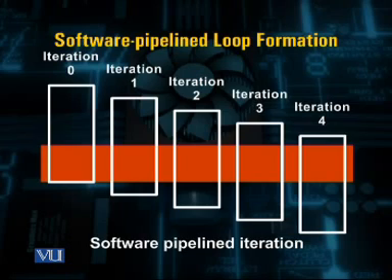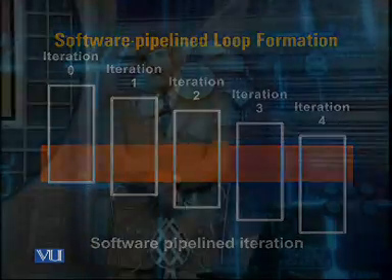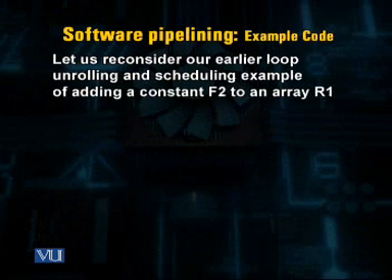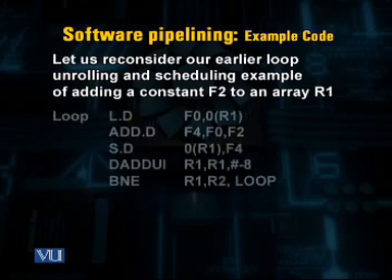For this purpose, let us consider this example sequence, which we have already considered while talking about loop unrolling. Here in this example program, we are adding a constant in F2 to an array through R1.